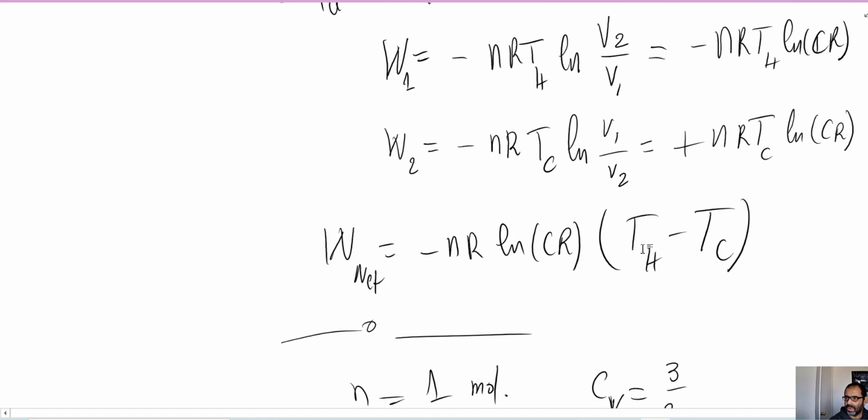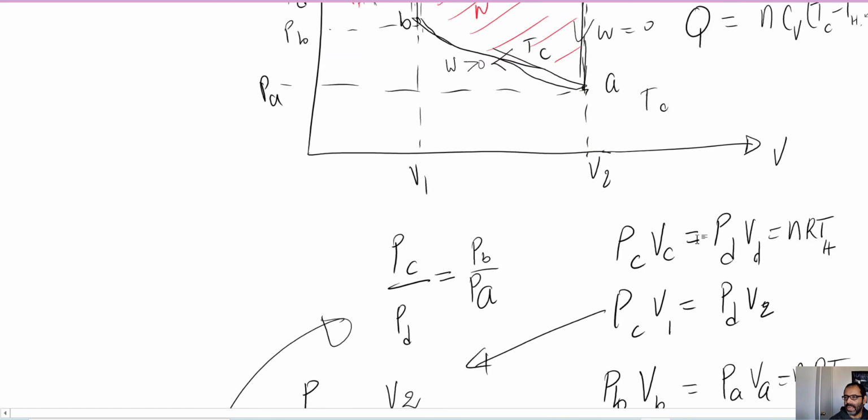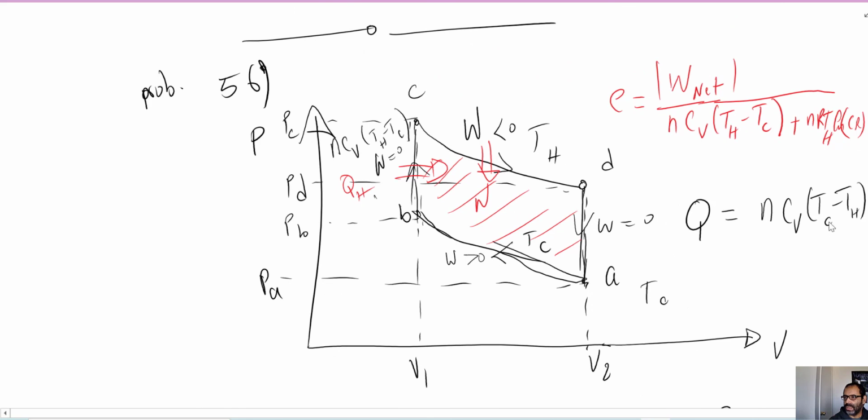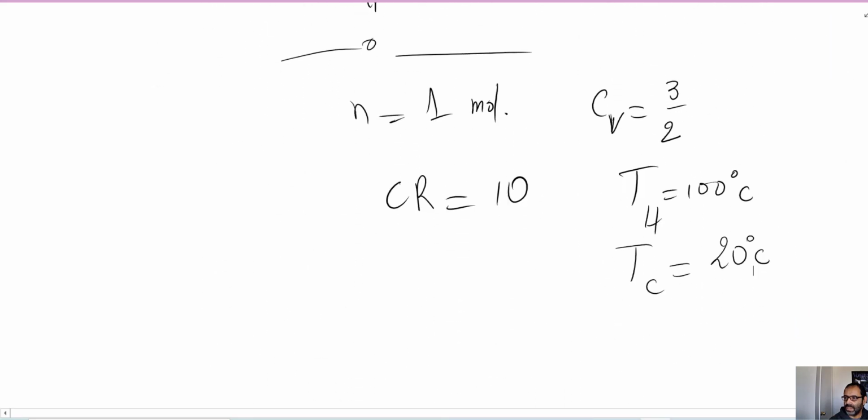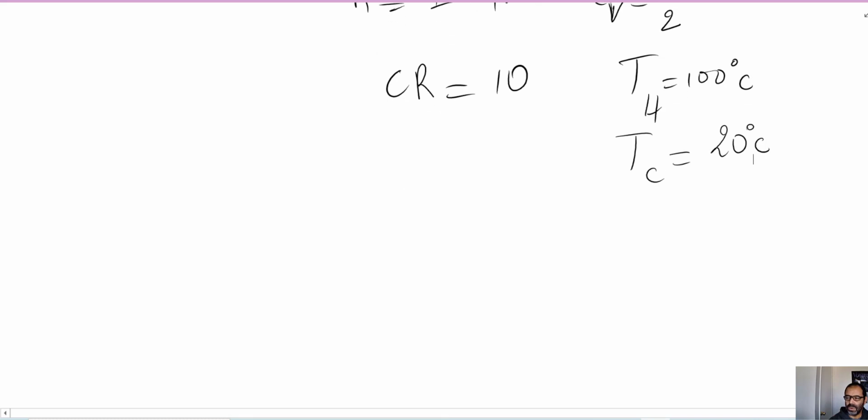So if we're dealing with a difference like in here, you don't need to do conversions. So actually there is no need to convert anything, so just leave it in Celsius in this case. If we're going to calculate entropies, yes we do.